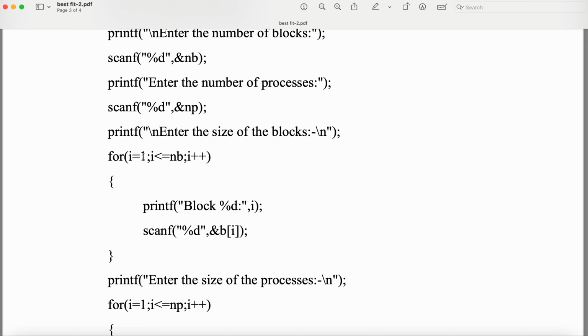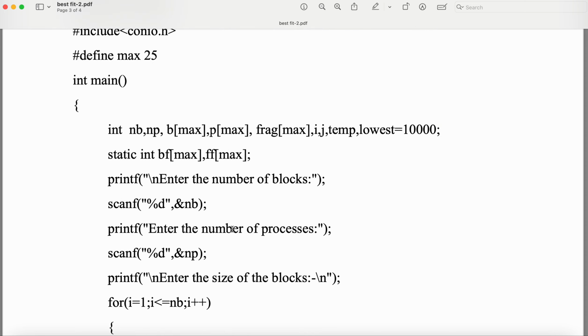If we start from 0, then we proceed up to i less than NB. It is our choice. Here the initial value is 1, so we continue up to less than or equal to. printf block %d comma i. So first we get block 1, next block 2, block 3, block 4. scanf %d comma ampersand b of i. This b array is the size of the blocks. Next one is p of max.